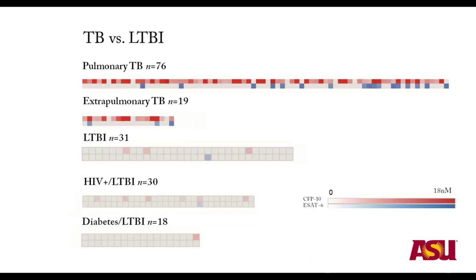Next, we also tried to evaluate how this assay can quickly identify active TB from latent TB infected patients, which is the primary mission for the clinical doctors in developing countries. For the same cohort with active TB, compared with 31 latent TB infections, 4 patients showed a weak signal, which hurt our specificity to below 90%.